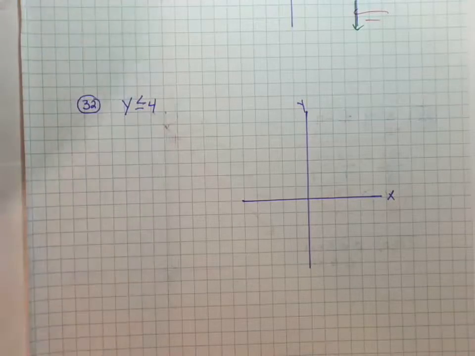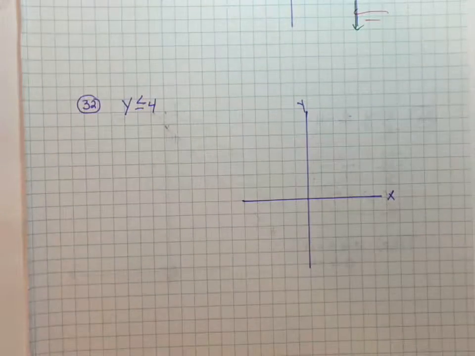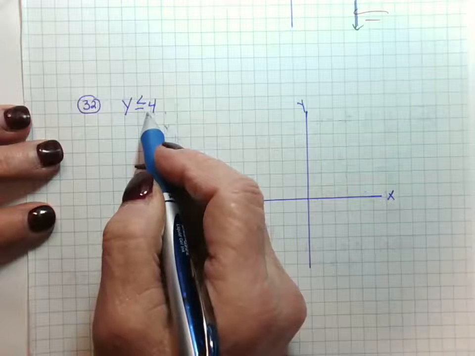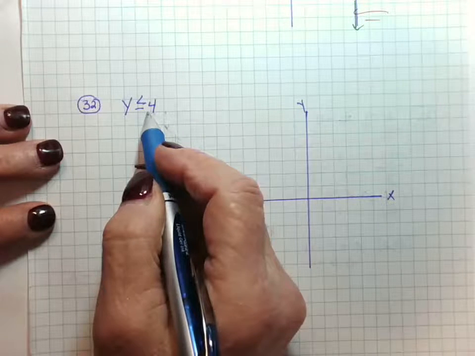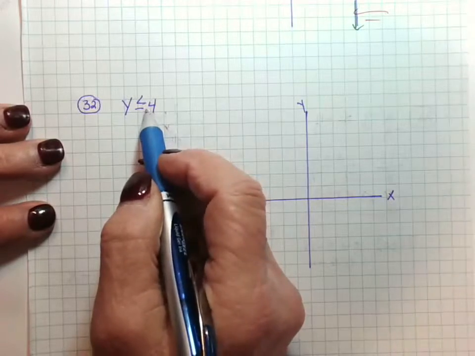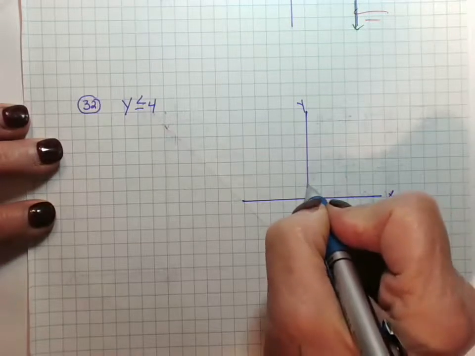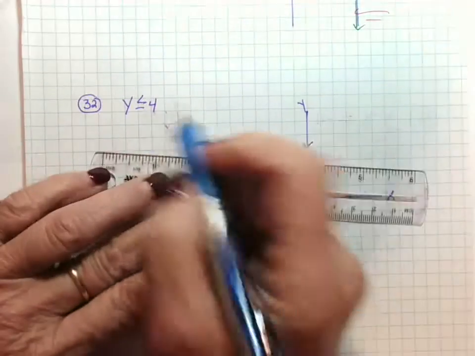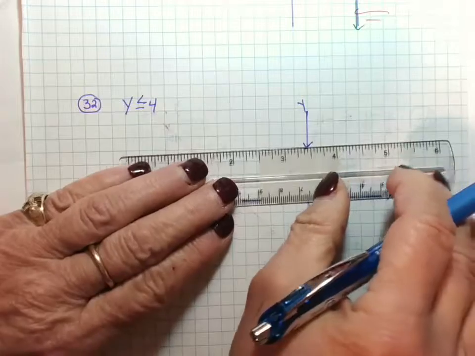Now we have here, this is going to be a horizontal line. The y-intercept is at 4. 1, 2, 3, 4. Again, it's a solid line.